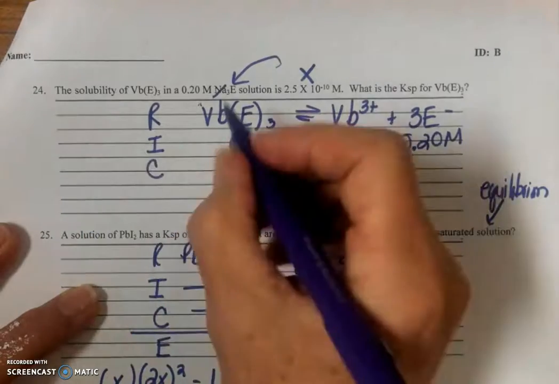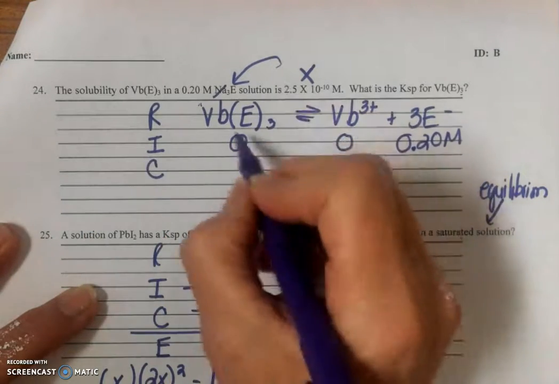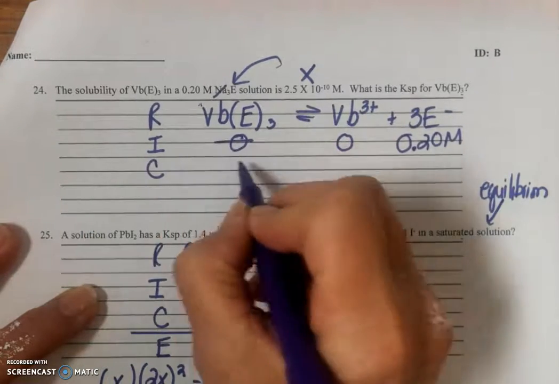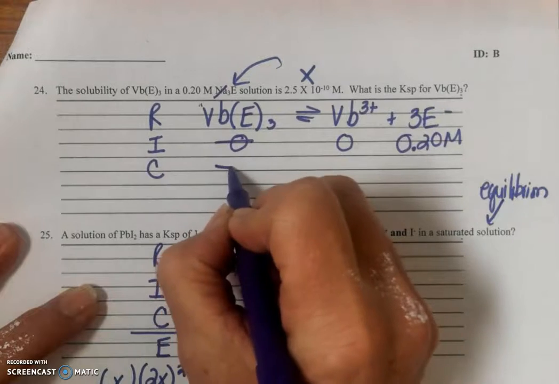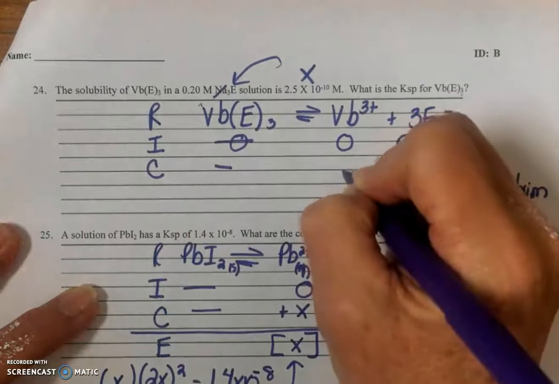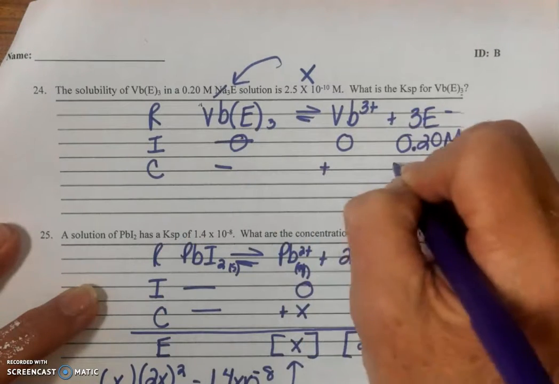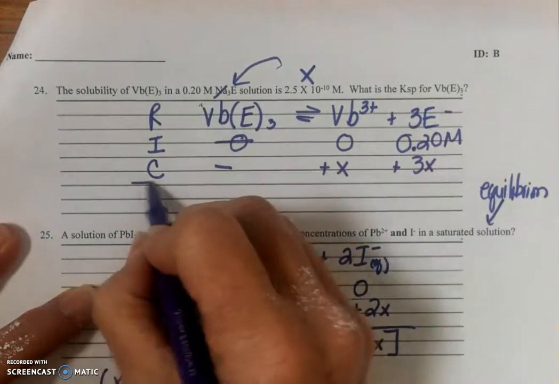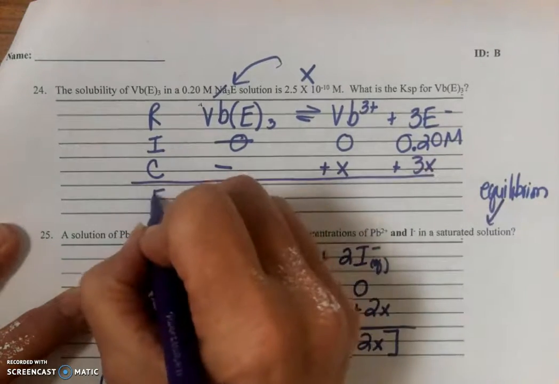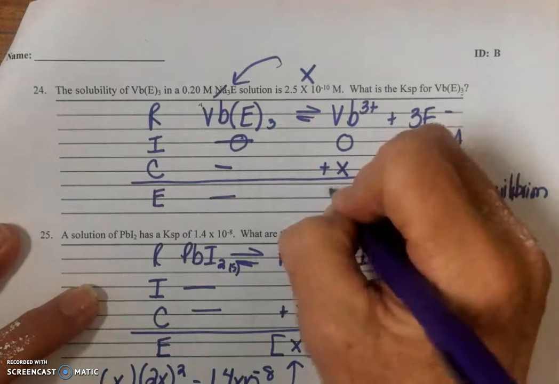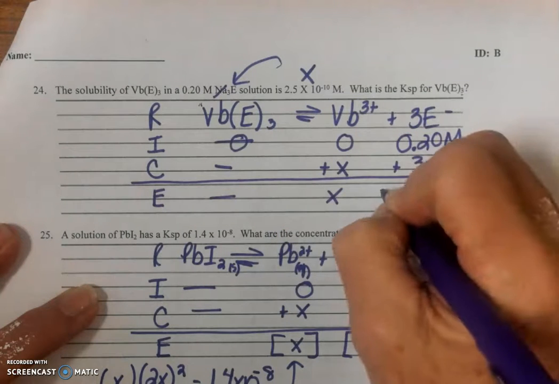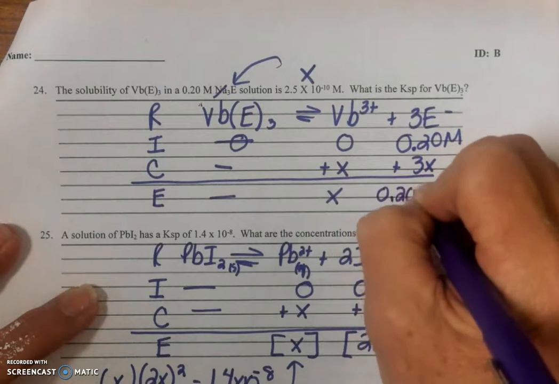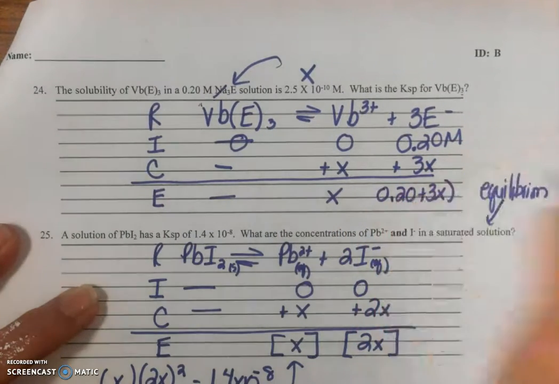My change is going to be, I don't think I'm even going to put a 0 there. I'm just going to put nothing. My change here is going to be plus and plus. This is X and this is 3X. So when I go to solve E, I get X and 0.20 plus 3X.